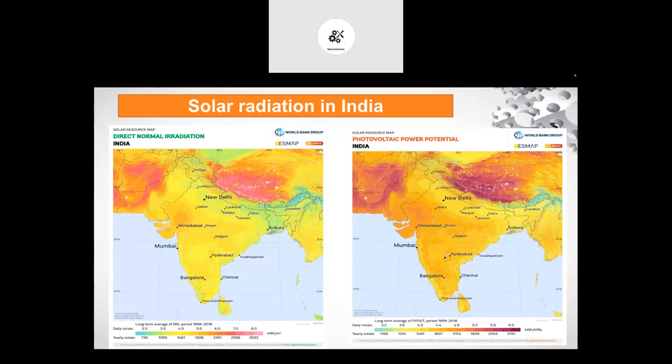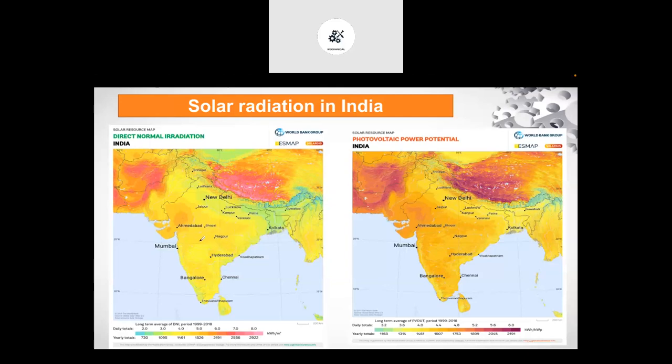One of the benefits for India is that the Indian part of the Earth will receive a sufficient amount of radiation, because we are situated near the equator, so on average it receives sufficient solar radiation, which can be converted into useful energy.